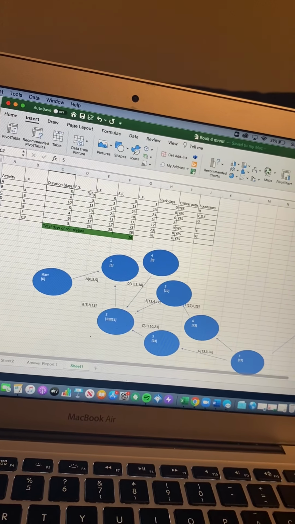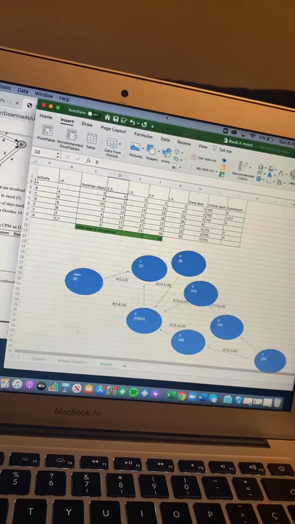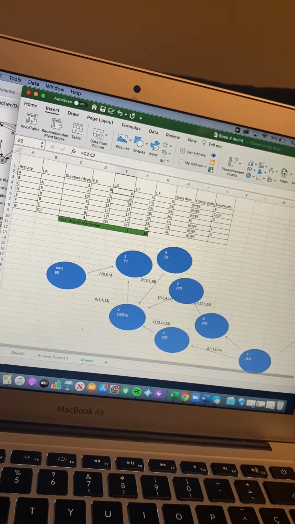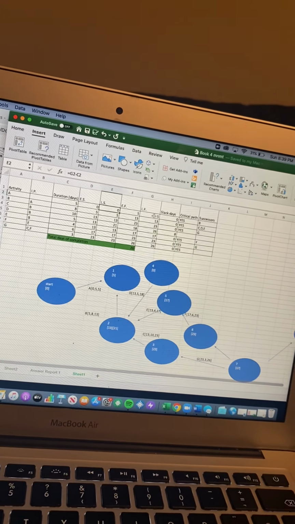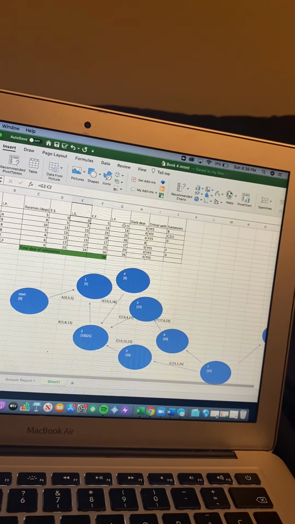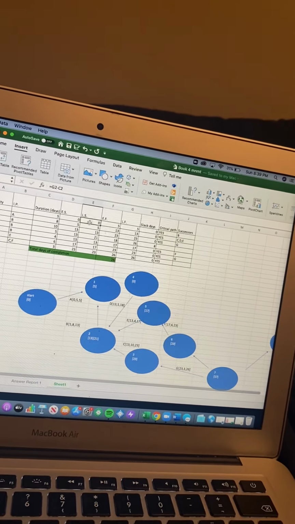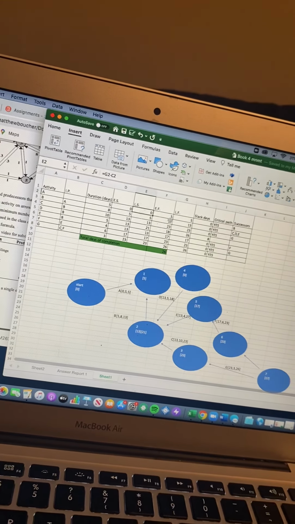Then I filled this out as well. Then the longest would be here, cell G2, so the longest in days. Then subtract that by C2, and the same thing for the whole row, so I just dragged it down.